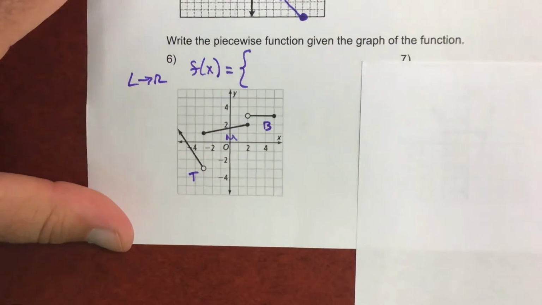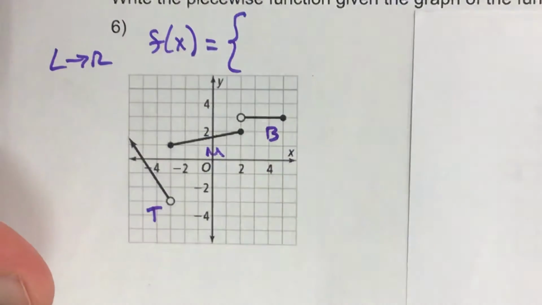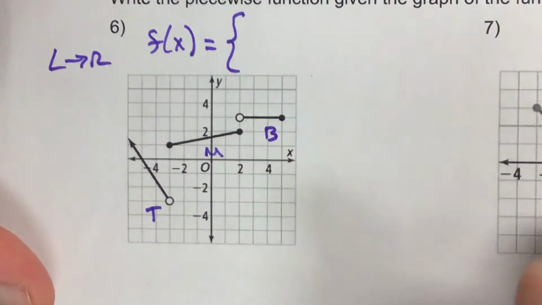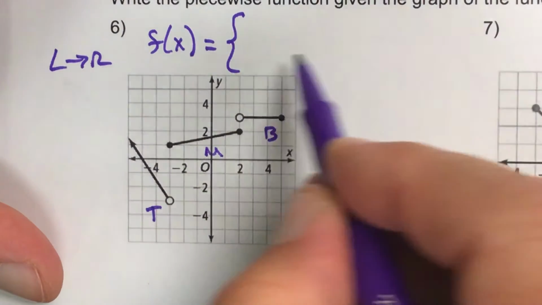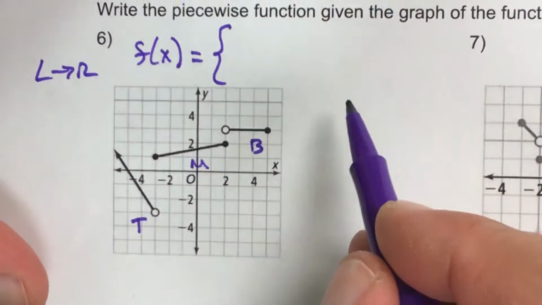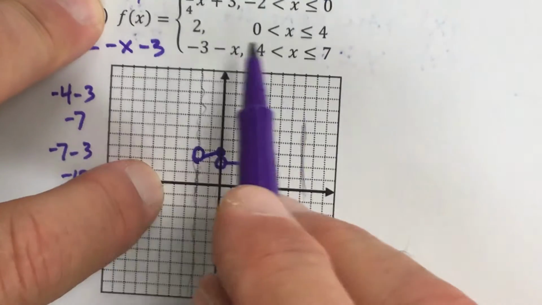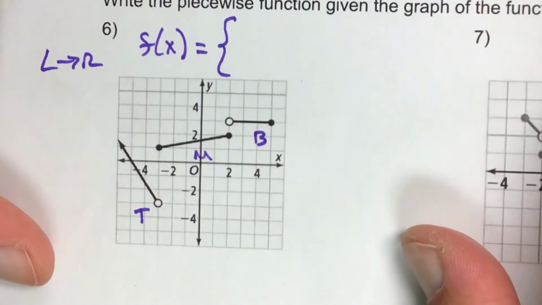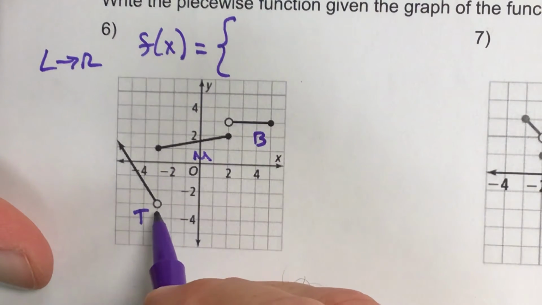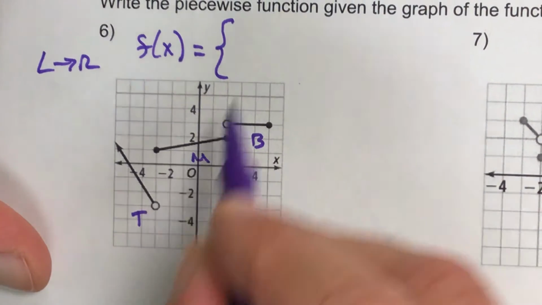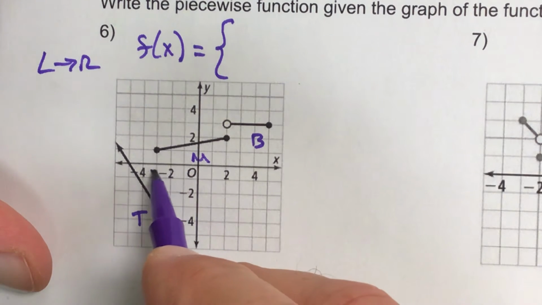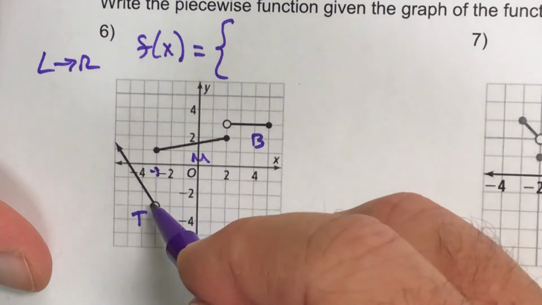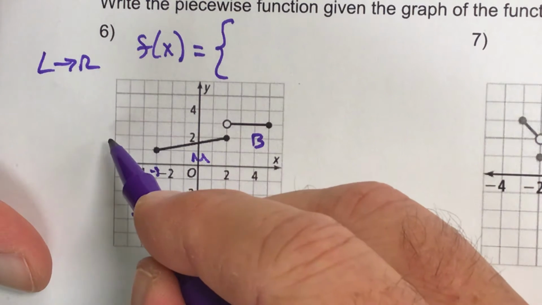Let me zoom in a little bit more so we can take a look at this. First things first, let's look not at the equation of the line, but at the boundaries of these lines. If we look at the boundaries, it looks like this top line starts at -3, and it goes to negative infinity.